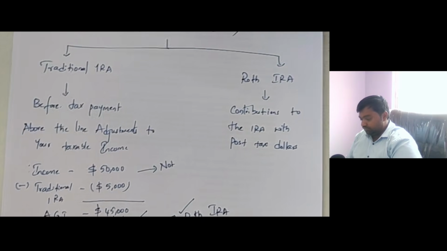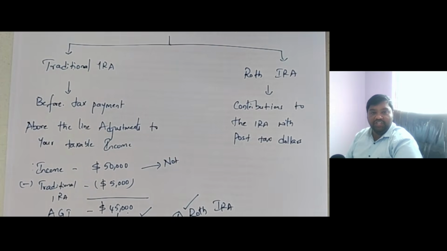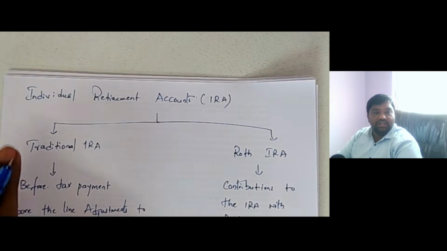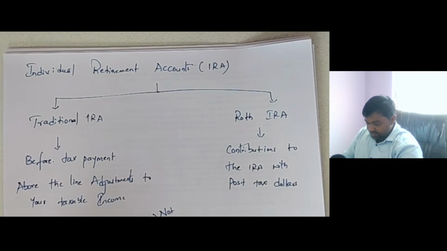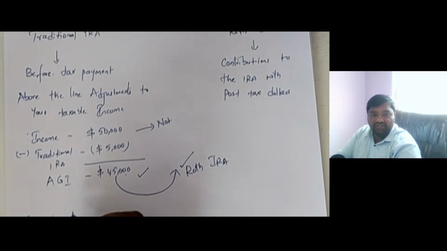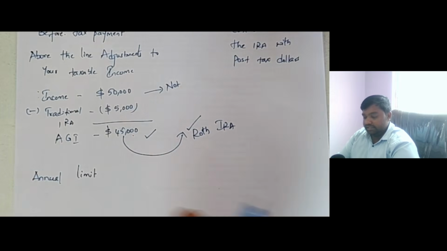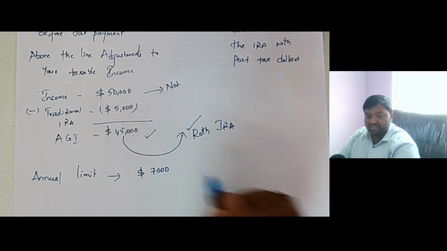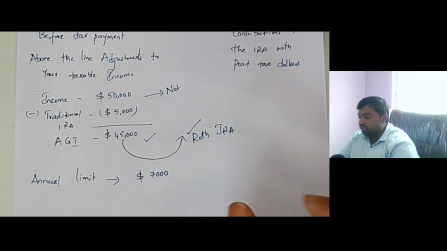There are some rules and regulations before you can make contributions to individual retirement accounts. So there are annual limits. Any person can contribute only up to $7,000 to any IRA account, whether it is a traditional IRA or a Roth IRA.